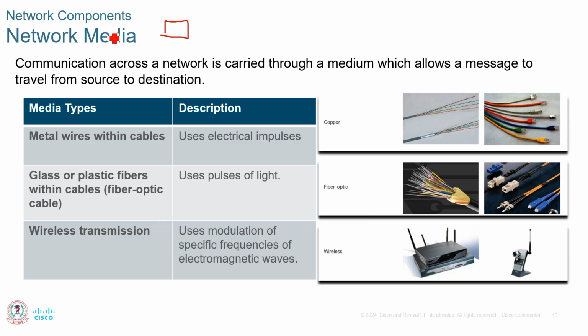There are types. You have the metal wire within cables. You have the glass or plastic fiber within cables. And we have the wireless transmission. So I always say there are two main types, the wire and the wireless. And then for the wire, you have the different categories of cables, like the fiber optic cables and the twisted Ethernet cables.